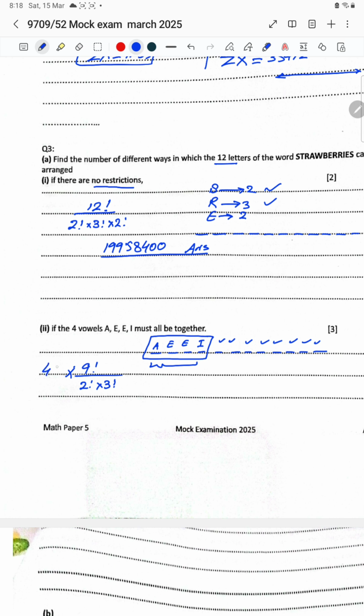So we can write 4 factorial here. And these 4 letters can be arranged in any way, but here there are 2 e's, so we divide 4 factorial by 2 factorial, because of the repetition of 2 e's.